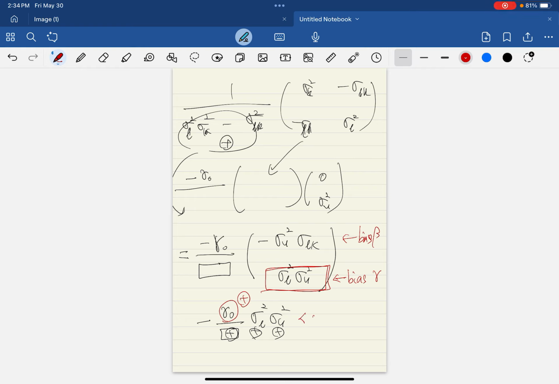Then as a whole, the bias will be negative. That means your theta hat n will underestimate: the p limit of gamma hat will be smaller than the true gamma 0.